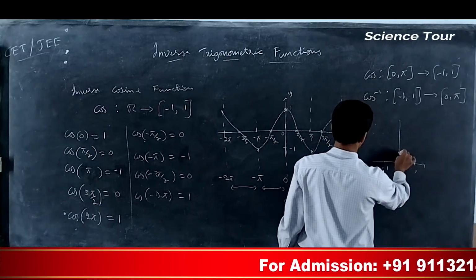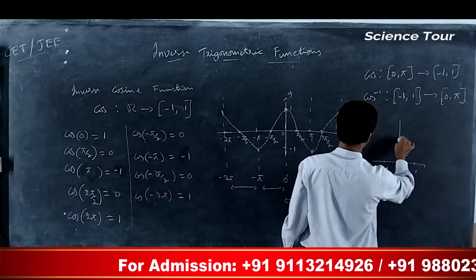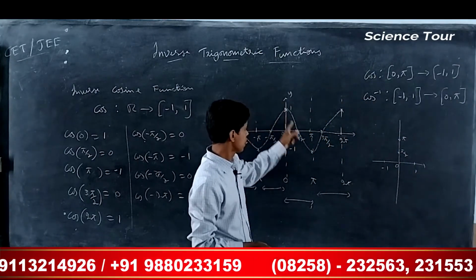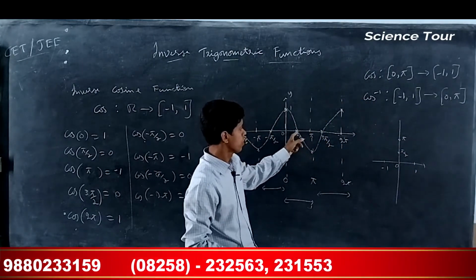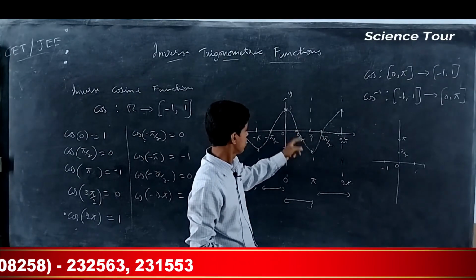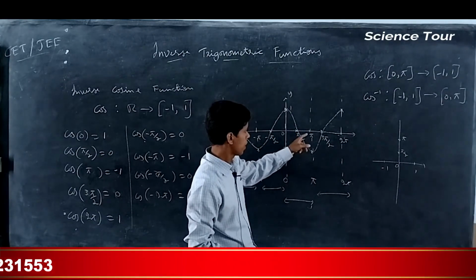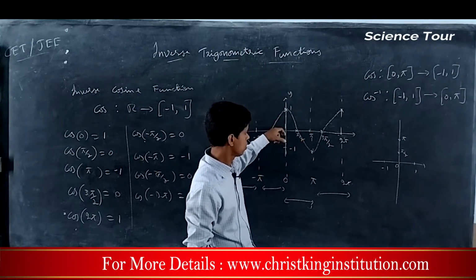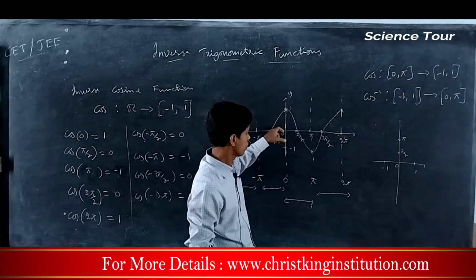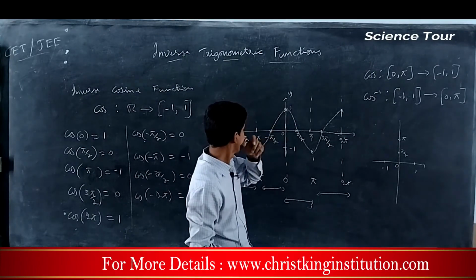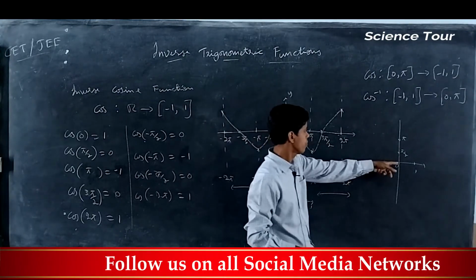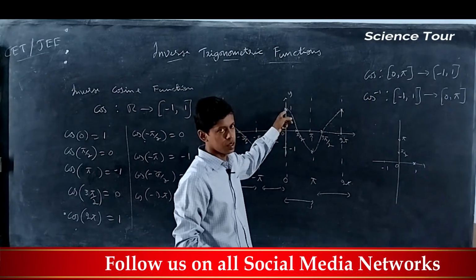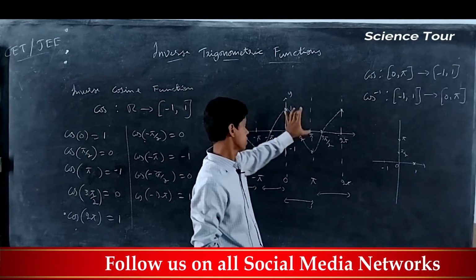So 0, and this is 90, and this is 180. I'll select. Okay, so for pi it will be minus 1. So for 0 it will be 1. When the angle is 0, the value will be 1, correct? Okay, so it will be like this.